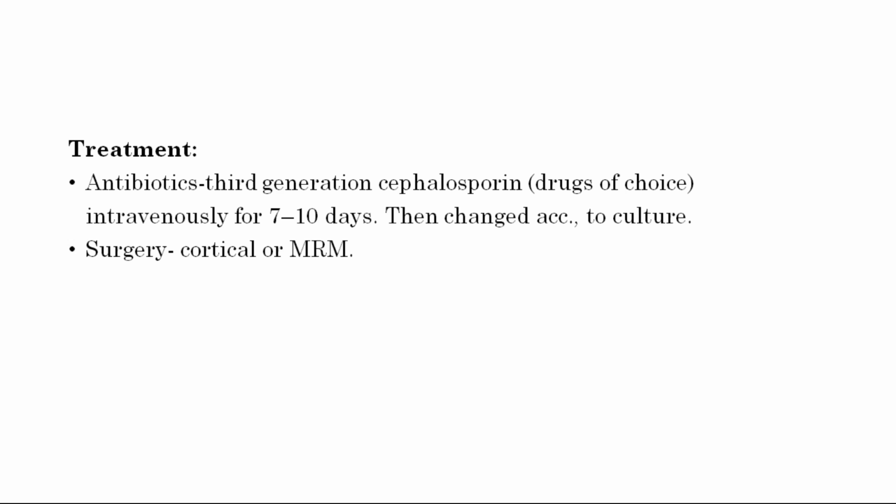One, the most accepted one, is that from the sigmoid sinus thrombosis, there is a retrograde extension of thrombus into the superior sagittal sinus. From the superior sagittal sinus, there occurs a blockage of the arachnoid villi, and these arachnoid villi are responsible for absorption of CSF.